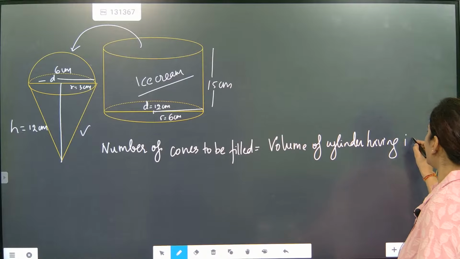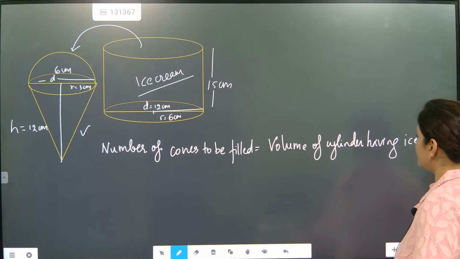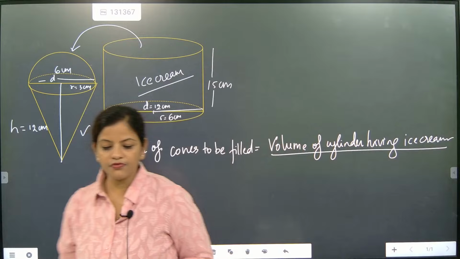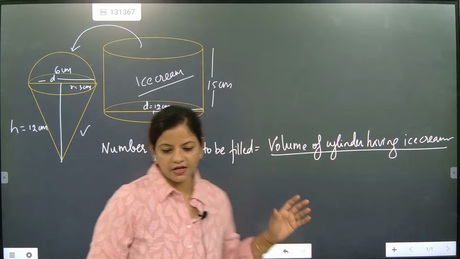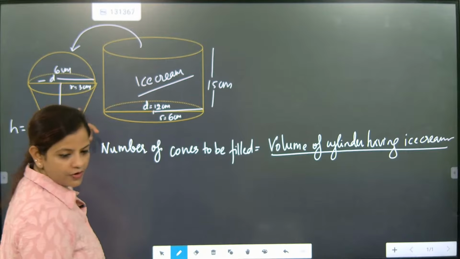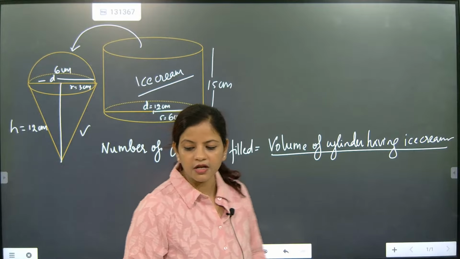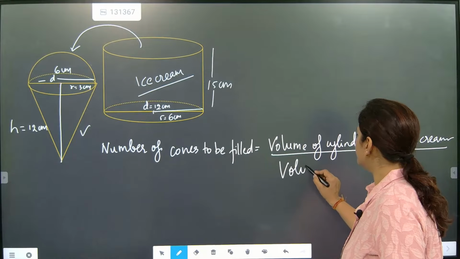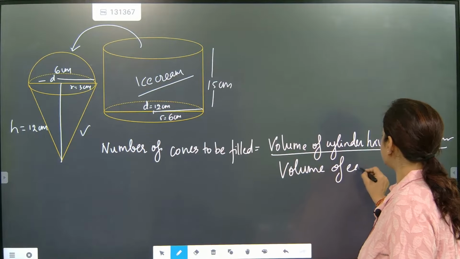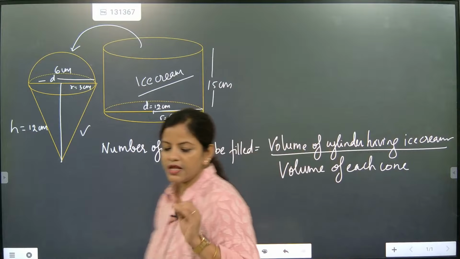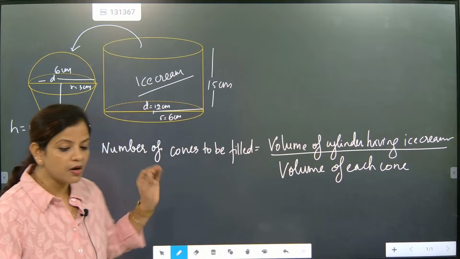Now everybody please pay attention here. See, total volume of the cylinder divided by volume of one cone. So we are going to write volume of each cone. That's it, work over. This will help you to find the total number of ice cream cones filled.